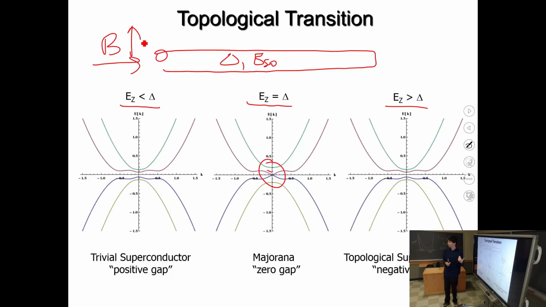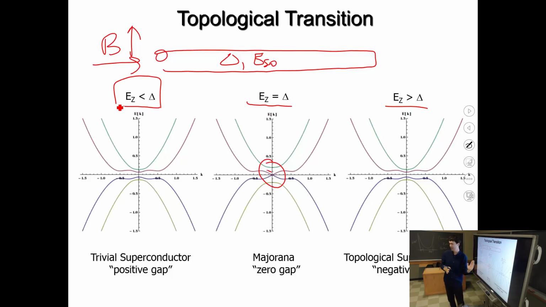You can also do this transition as a function of position. So imagine this invisible tube here is a one-dimensional system, and I somehow create conditions where to the left here you have this condition where the magnetic field is smaller than the gap, and to the right there you have a different field and it's exceeding the gap in this system.